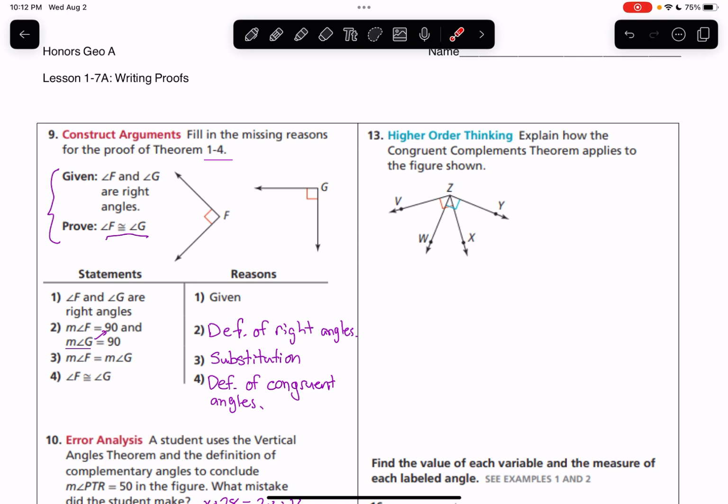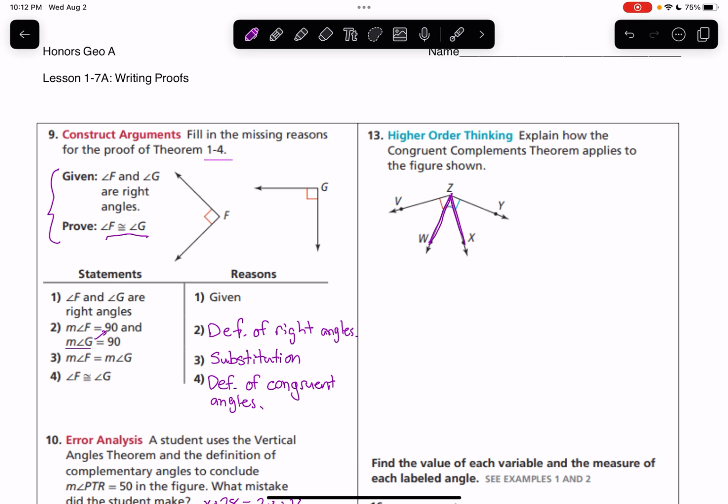So what that means is this angle in the middle, angle WZX, that's complementary to the angle on the left, and it's complementary to the angle on the right, because we know that that's part of the right angle on the left, and we know that it's part of the right angle on the right. All right, and since this angle is complementary to both of these angles, the congruent complements theorem then would tell us that angle VZW is congruent to angle XZY. That's that congruent complements theorem in action.